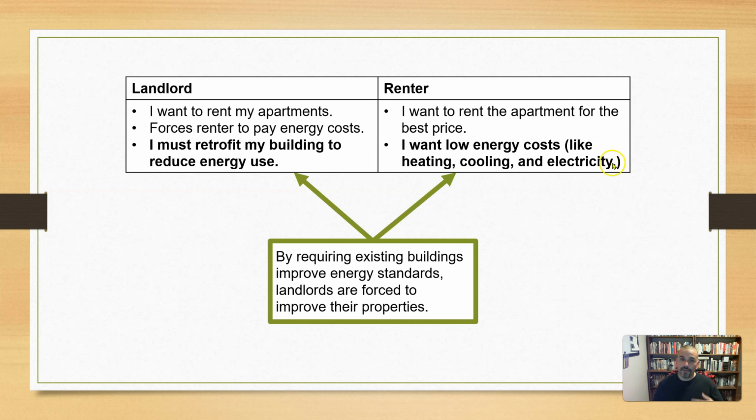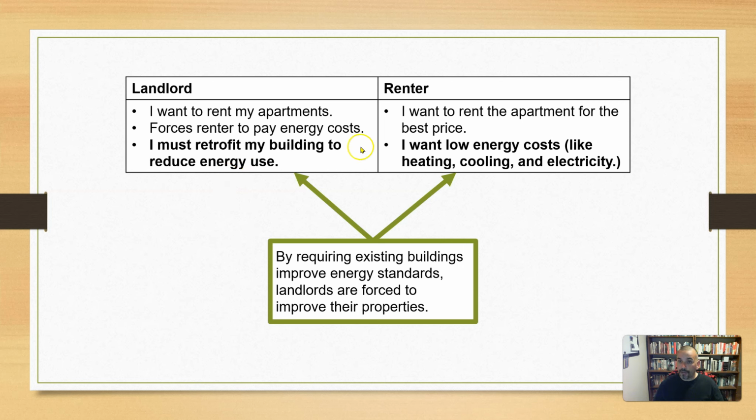Now, because landlords often do not want to do this voluntarily, another thing that we could also do is have government programs, for instance, for low interest loans to allow landlords to make these improvements. Or we could have some other kind of program to improve energy standards.